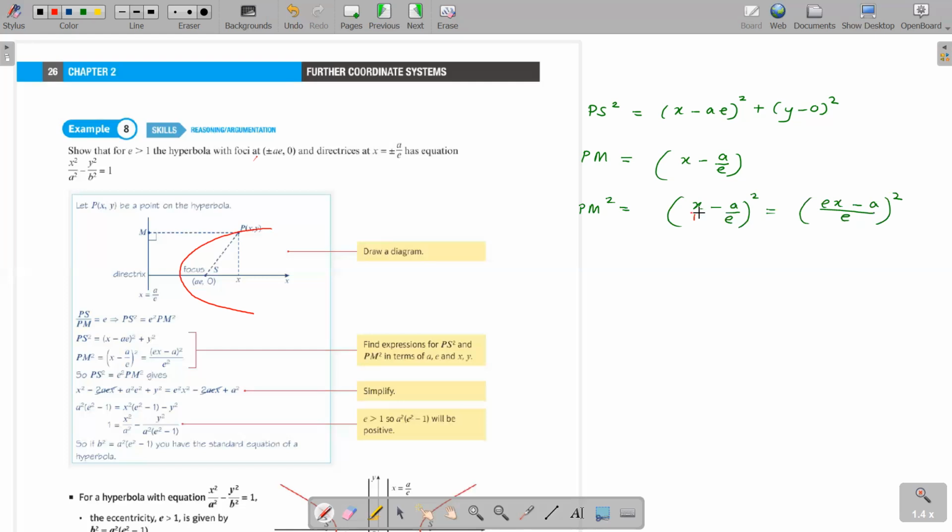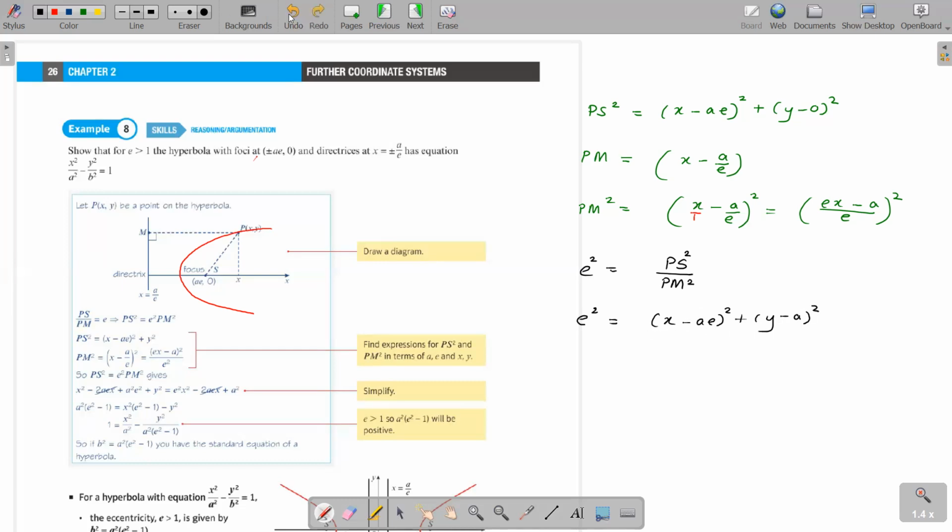Okay, now it's time to input into our eccentricity equation. What is the eccentricity equation? Eccentricity is defined as e equals PS over PM. So first we'll square the whole thing: e squared equals PS squared, which is x minus ae squared plus y minus 0 squared.